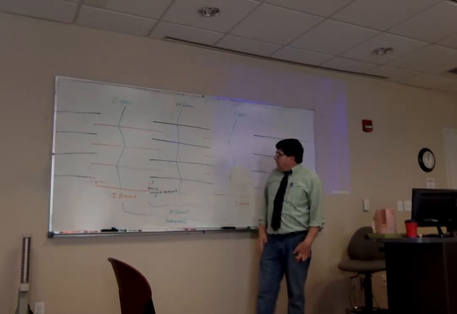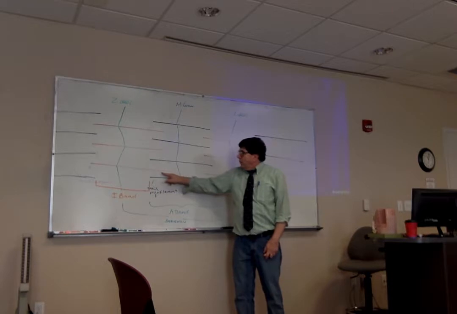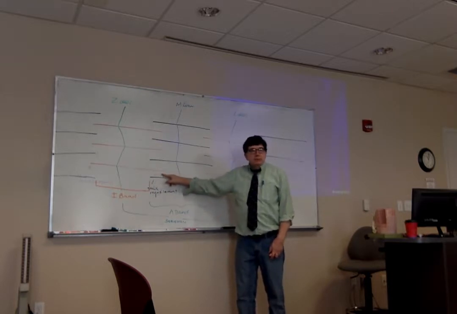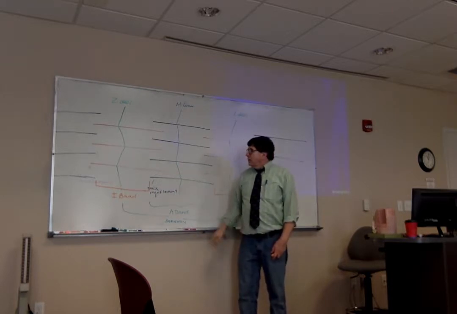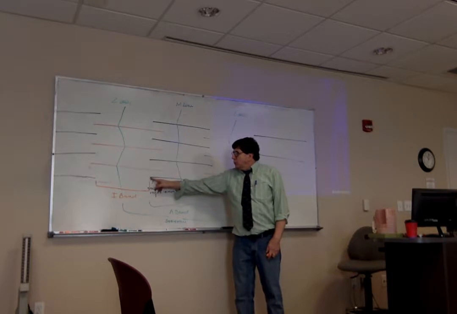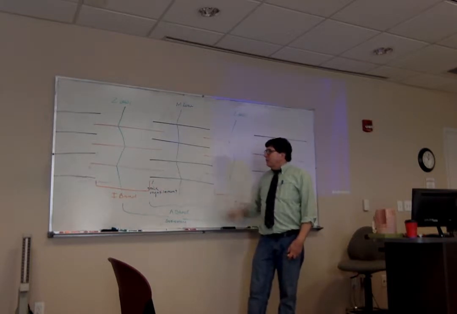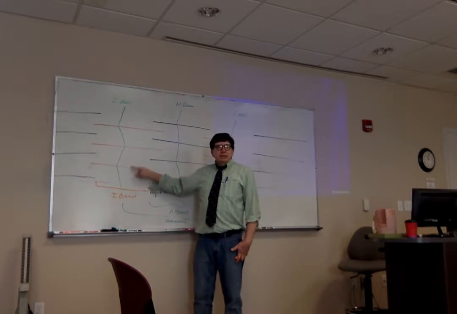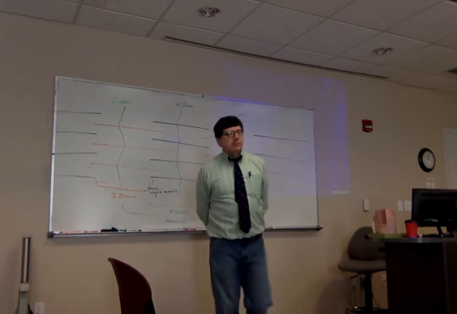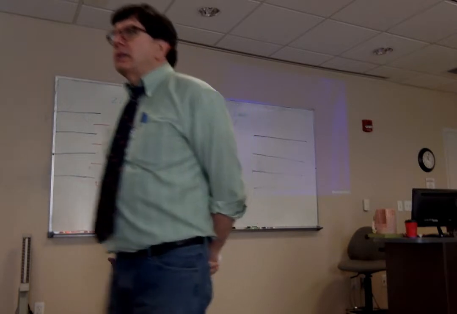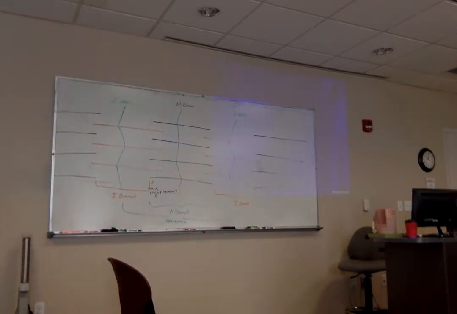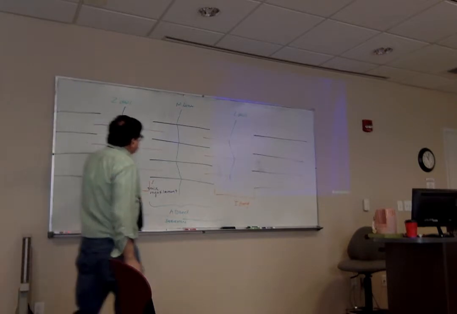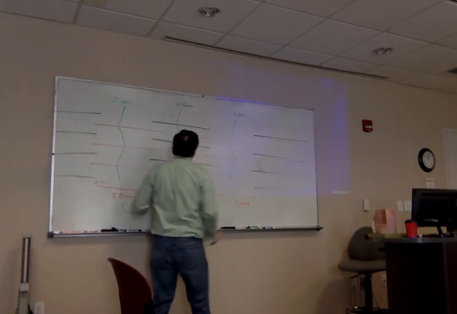Notice that the A band is going to include some overlapping thin filaments, but by definition, it's the region between the beginning and the end of the thick filaments. The I band is that region which only contains thin filaments. And again, extending down the center of the I band is a Z-disc. This region between two Z-discs is called the sarcomere.